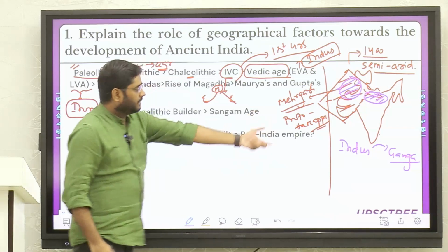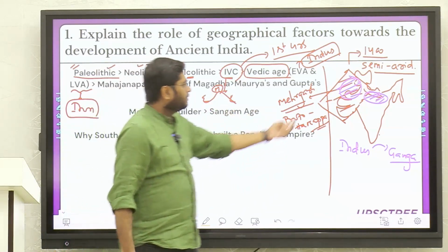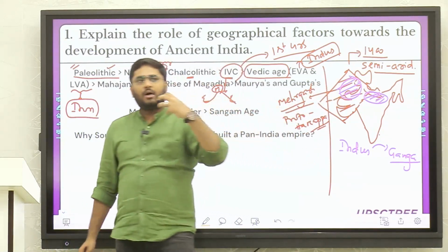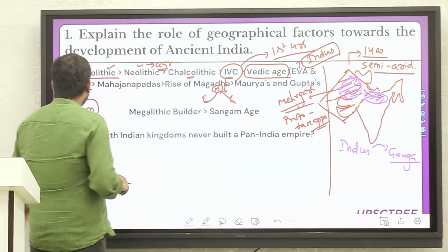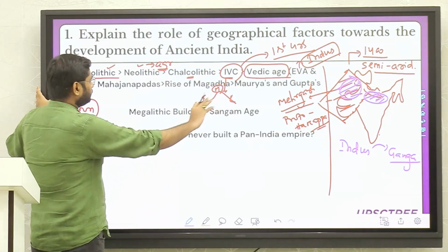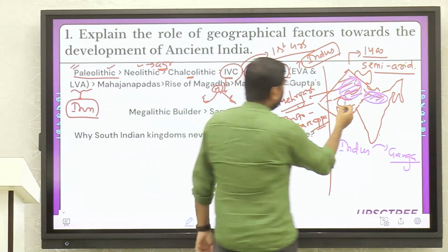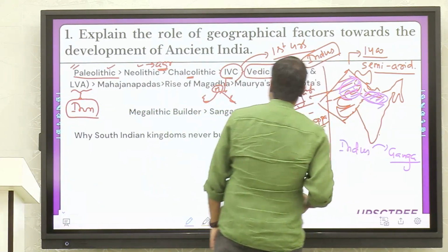So they have shifted to Ganga. And the second most important factor is that this group of people now had the idea of how to use iron tools. Okay. So that is how the Indian settlement will emerge.